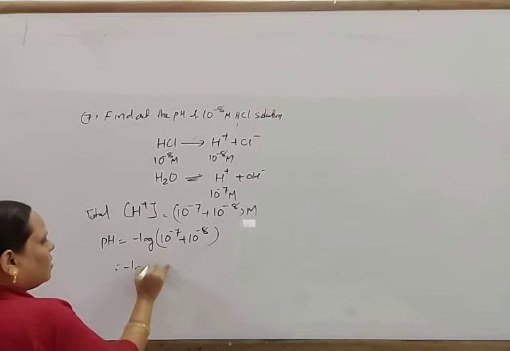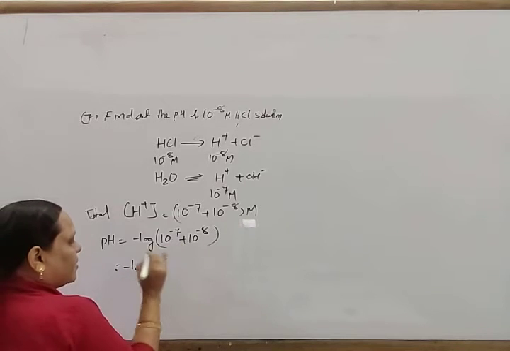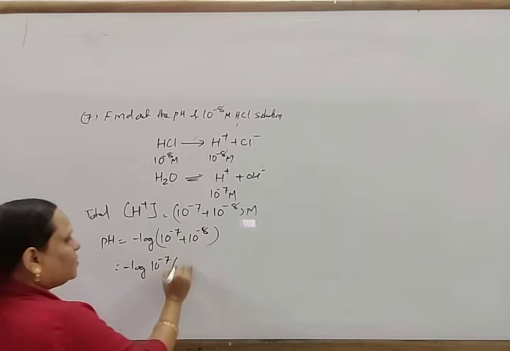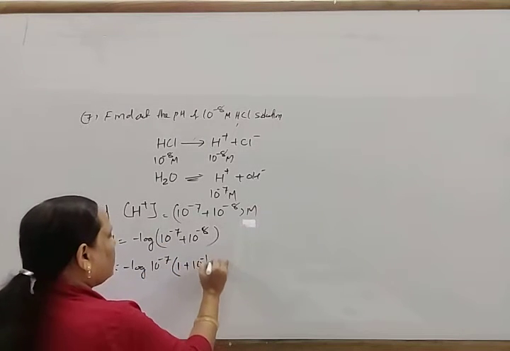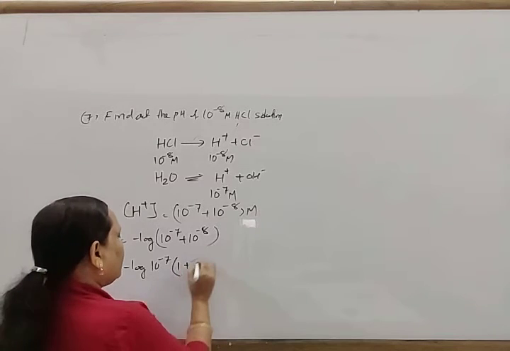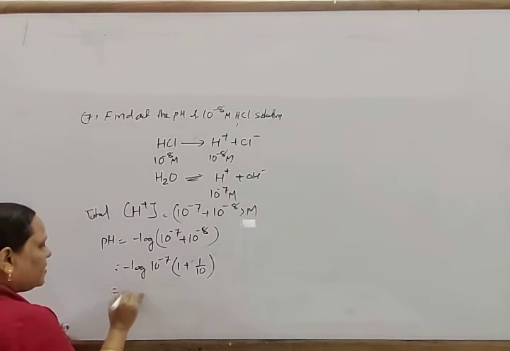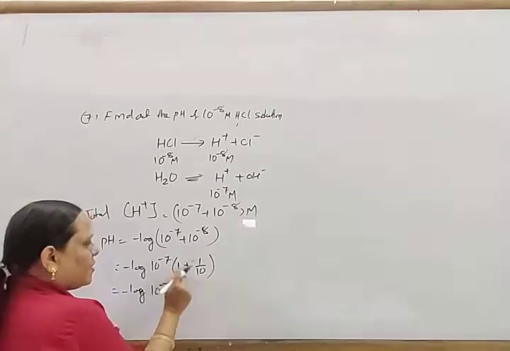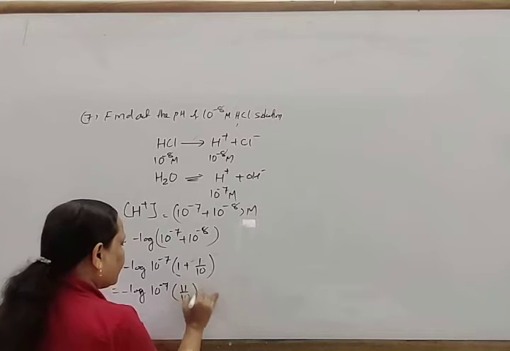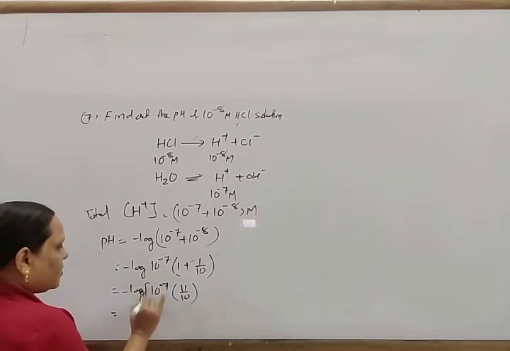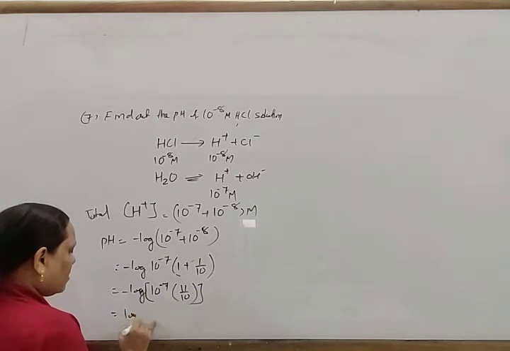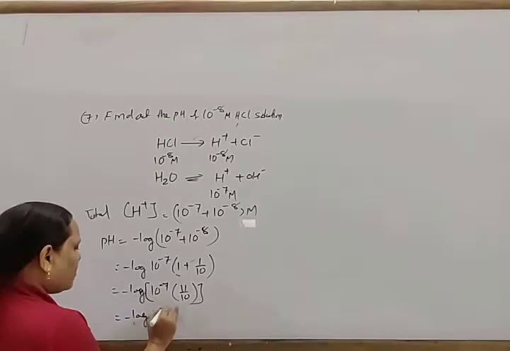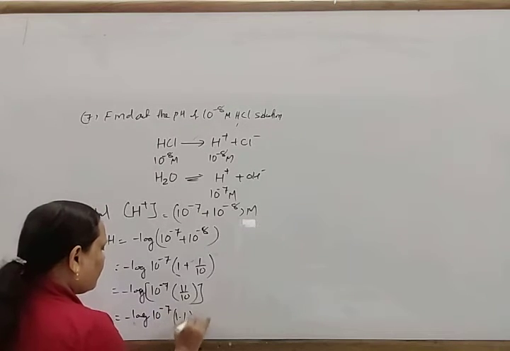If you take the common factor 10 to the power minus 7 out, it is 1 plus 10 to the power minus 1, that is 1 by 10, so minus log 10 to the power minus 7 into 11 by 10. So we can write that as minus log 10 to the power minus 7 into 1.1.